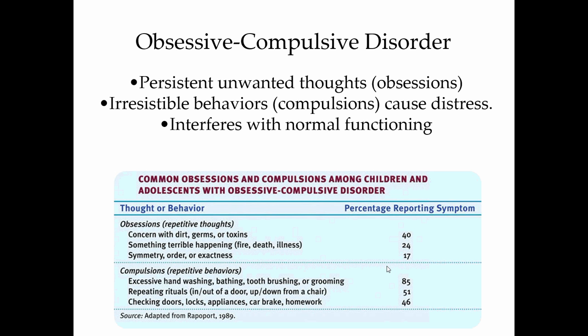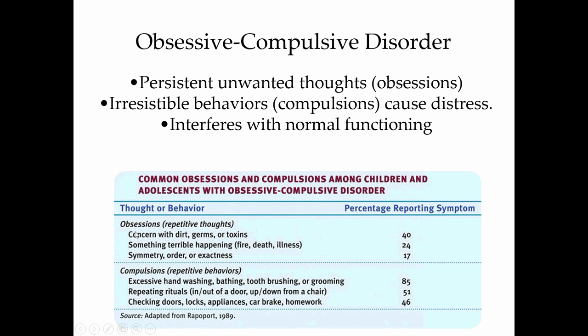They may be mental pictures that come into their mind that they can't seem to rid themselves of. The other part of the disorder is the person also has compulsions. These are behaviors that the person feels compelled to do, that are irresistible to them, usually driven by those obsessive thoughts or urges.